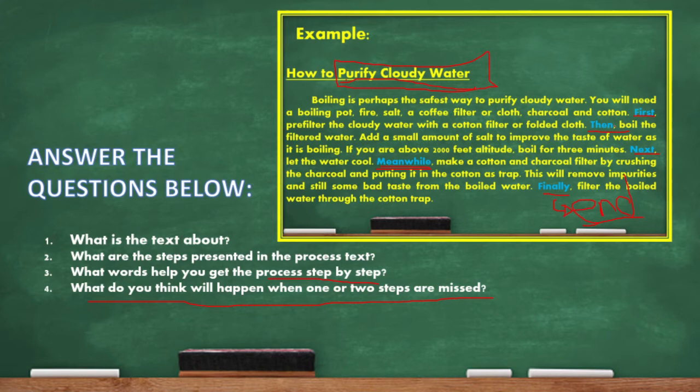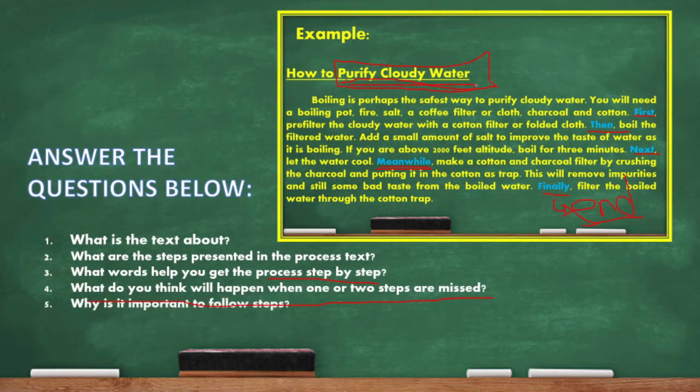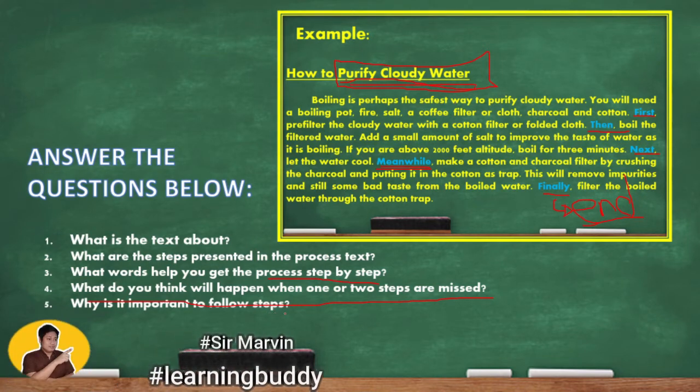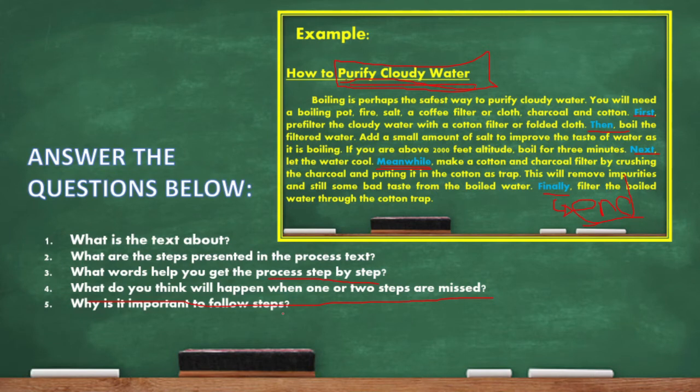It means that once you have failed to do one of these steps, you cannot perfectly purify cloudy water. Next, number 5. Why is it important to follow the steps? Of course, it is important to follow steps because, I want your answers. Please comment down below for your answers because I want it to come from you.